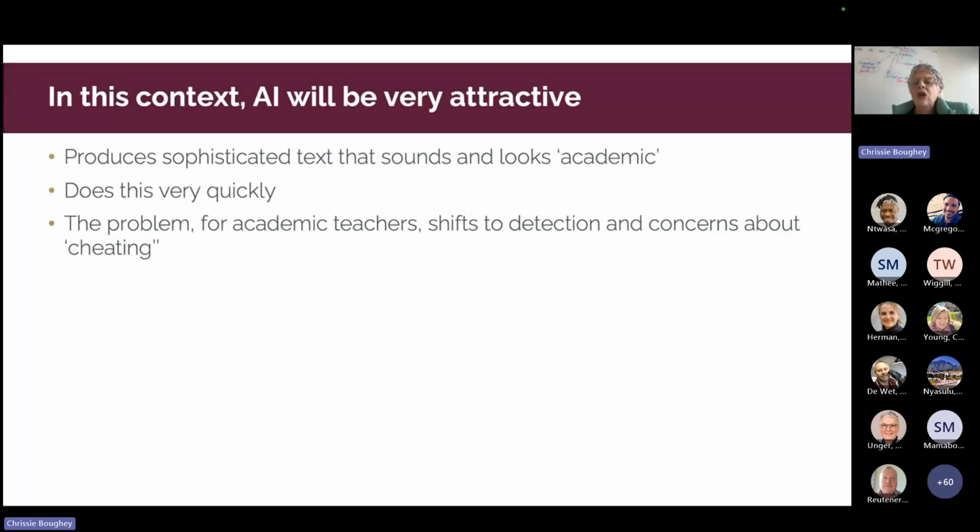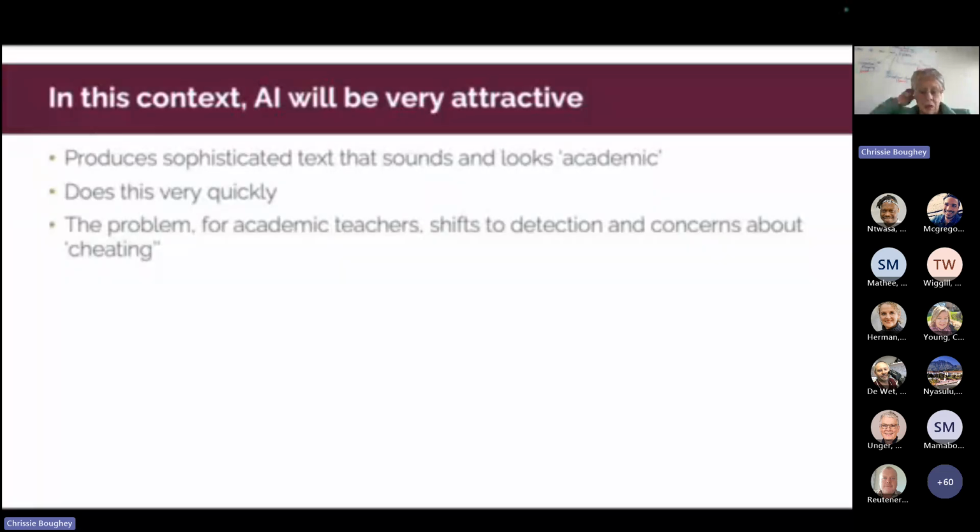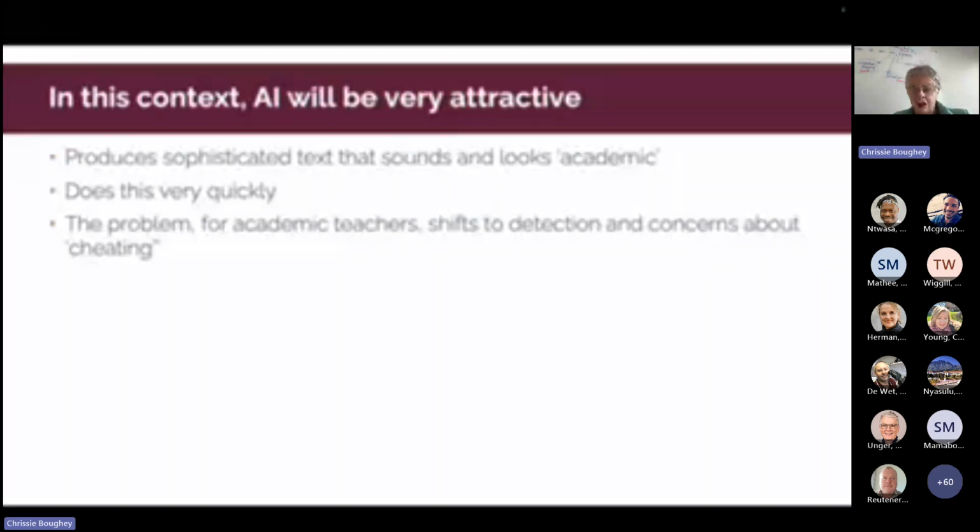But if you haven't got the knowledge form, and if you haven't got the way language is associated with it, and you haven't got all the other things that I was talking about earlier, like position, knowledge claims, evidence, and so on and so on, you're not going to be able to use AI. You're not going to be able to fault it and use it productively.